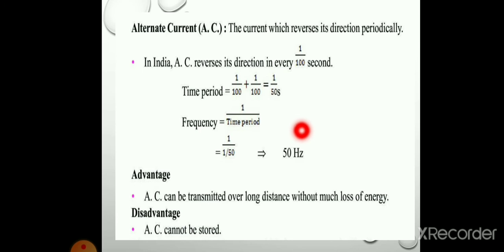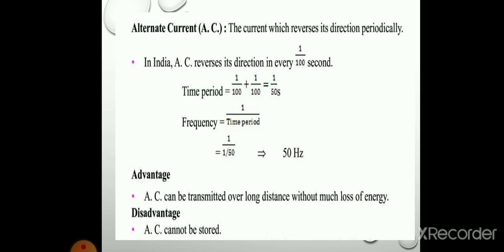Hence we can say this AC changes direction every 1 by 100 seconds. In TV or radio etc., direct current is used. In these they have a device which converts alternating current into direct current.